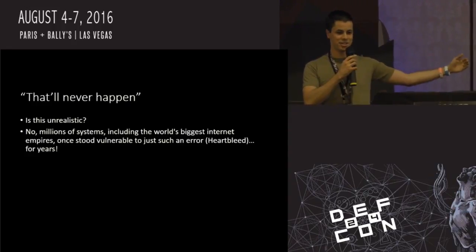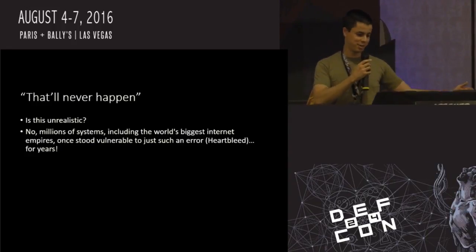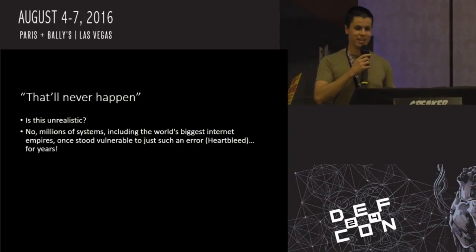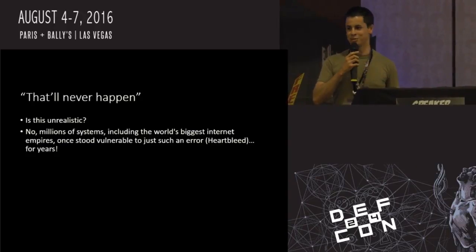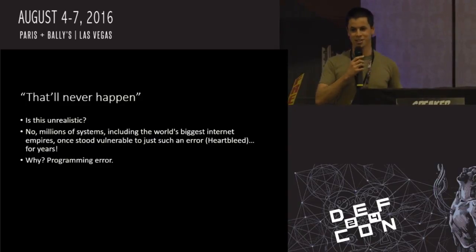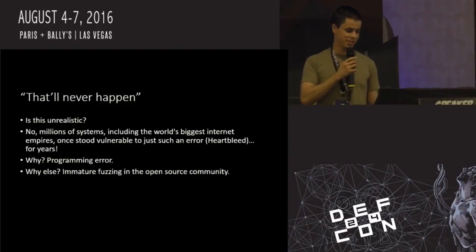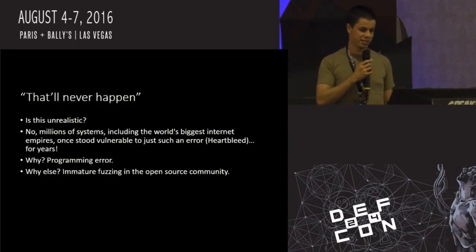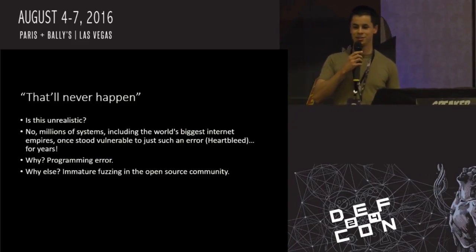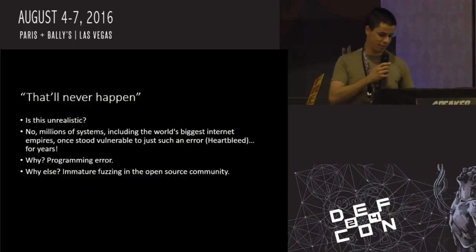It's out there in big applications, very widespread, very popular software, and it was there sitting around for 2 years. In that case there was a programming error, and also there was immature fuzzing in that project, and you could say in the open source community in general, there's immature fuzzing.